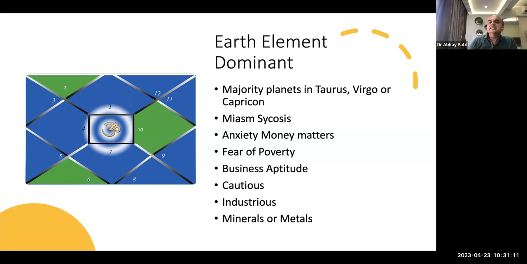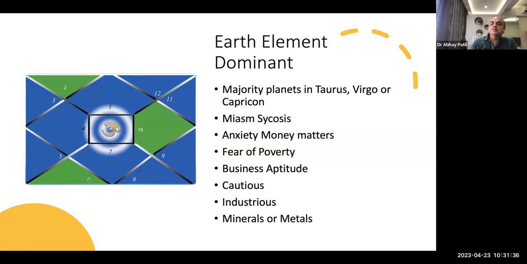When the earth element is dominant in you, then you are Vaishnav, basically the business class. So if any person has the earth element as very dominant, you will always find him to be of Vaishnav caste according to his chart, not according to his caste.